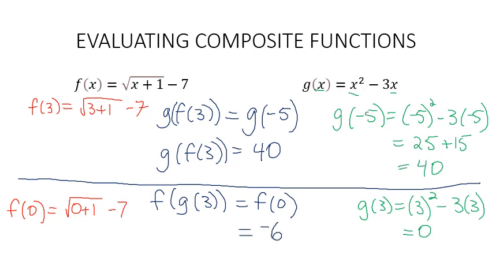So f of g of 3 is f of 0, which is -6. g of f of 3 was +40, and f of g of 3 is -6. This is typical. It is not usual for the composition to be the same in a different direction.